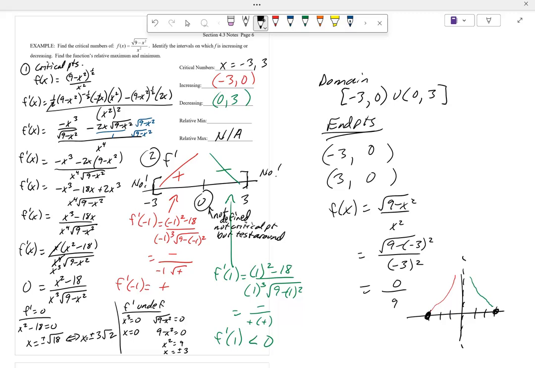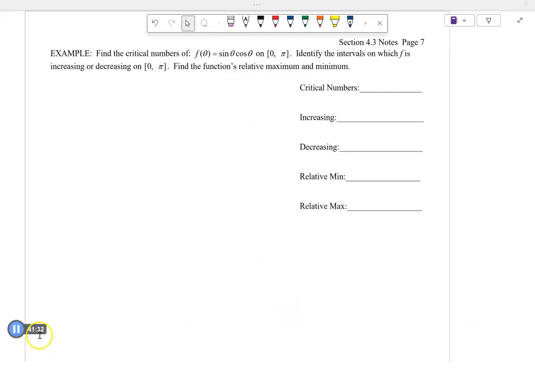In fact, they're not only relative minimums, they're actually absolute minimums, and they occur at the endpoints.